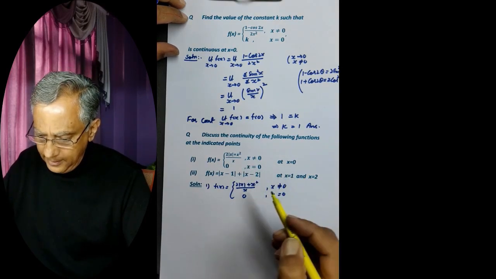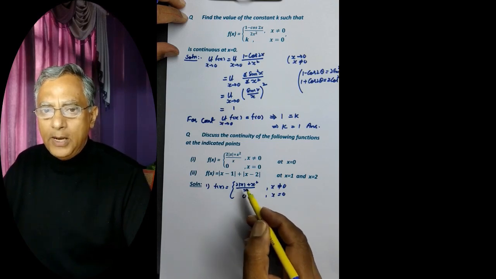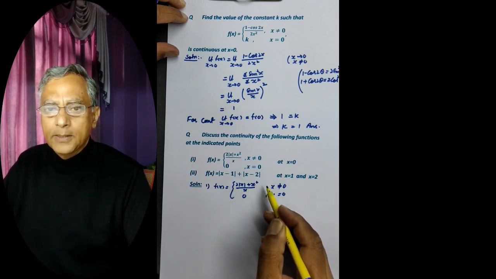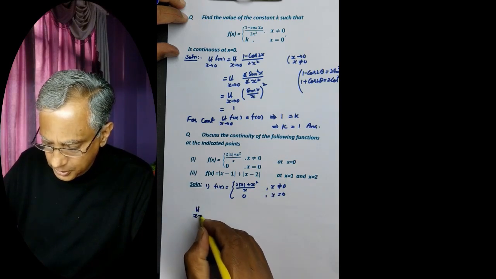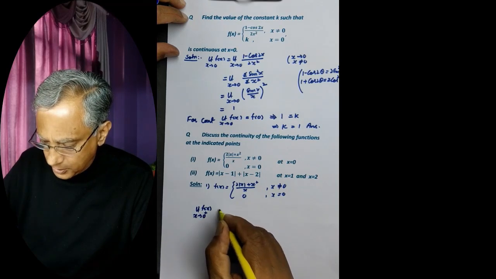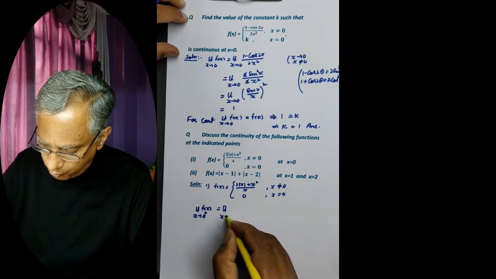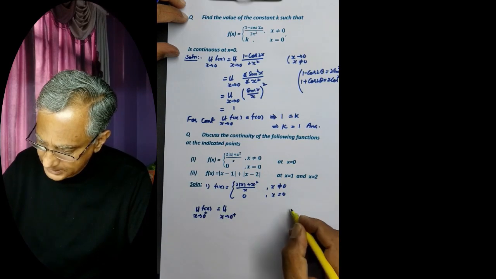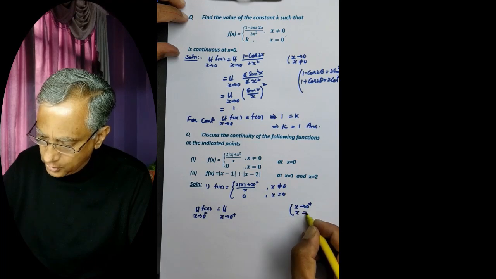So now here modulus is involved. So we must take left and right limits separately. So limit x approaches 0 from positive side f(x) must be equal to, limit x approaches 0 from positive side means x is not equal to 0.